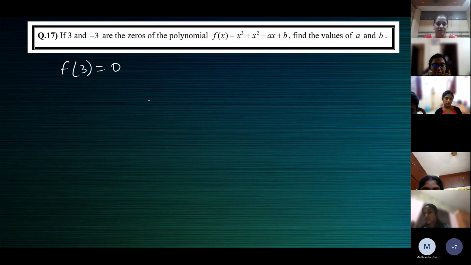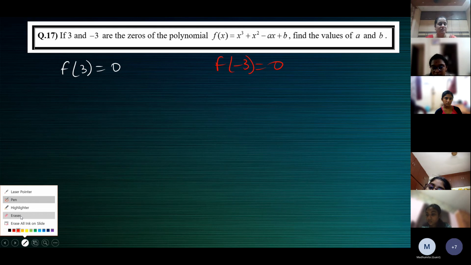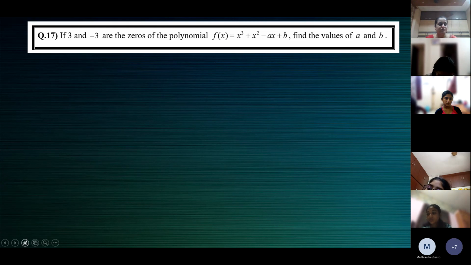Similarly, because minus 3 is a 0 of f of x, f of minus 3 is also 0. So these are the two conditions.